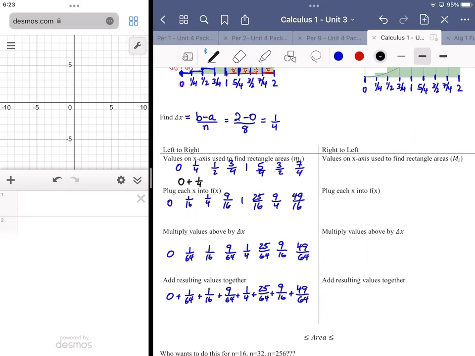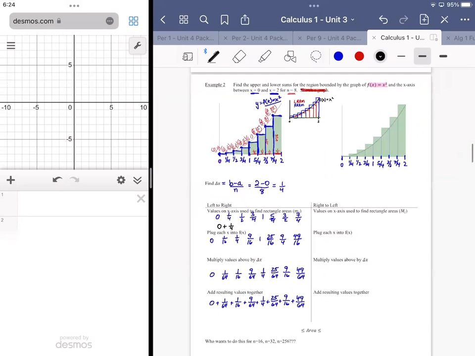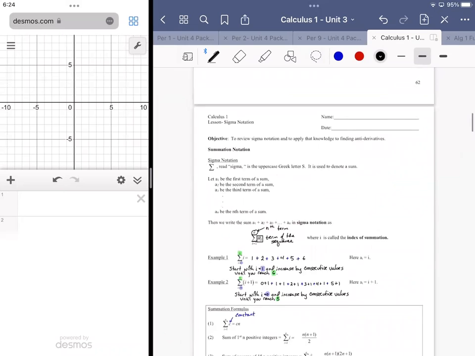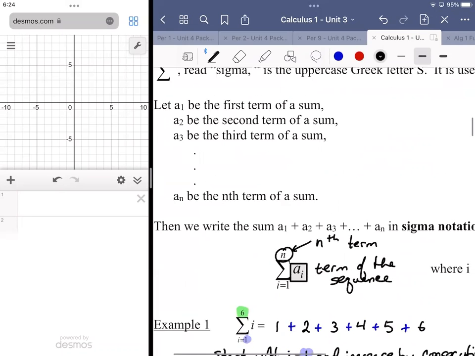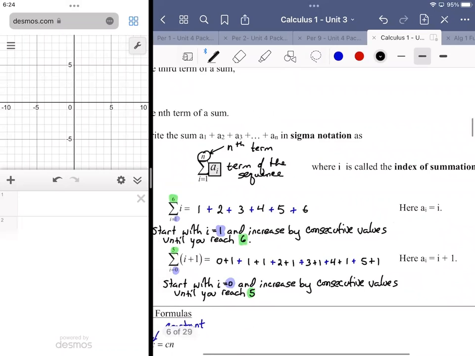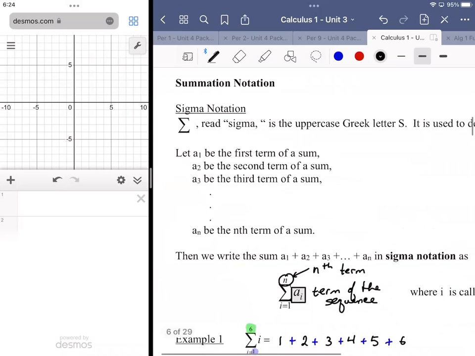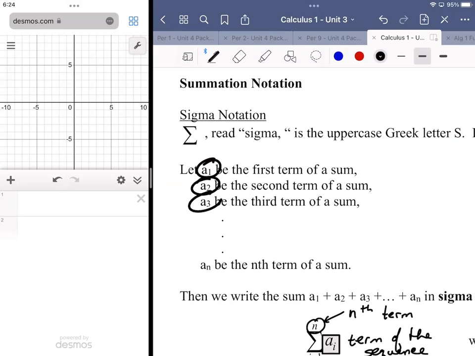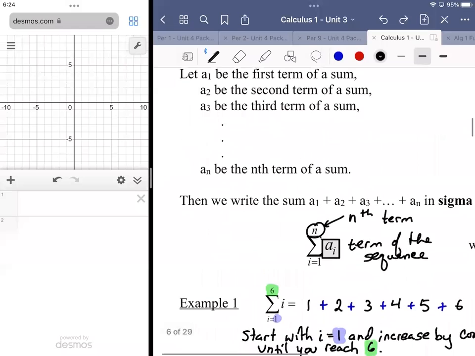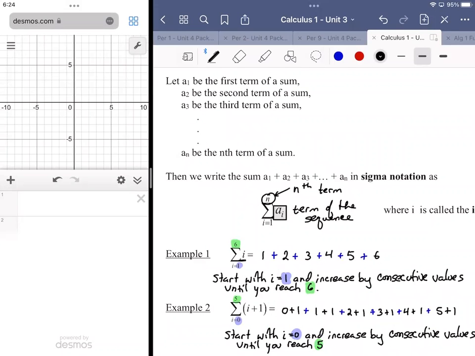The terms of a sequence, we would say a sub 1, a sub 2, a sub 3, a sub n. Those represent the progression of values that make up a sequence. So when I said i, we would substitute the values 1 through 6 in for i. I'd get 1, 2, 3, 4, 5, and 6. Then we would add it all up, but we're not quite there yet.